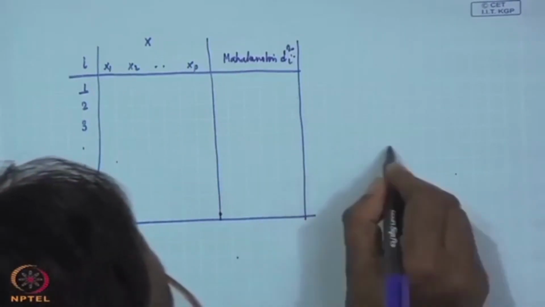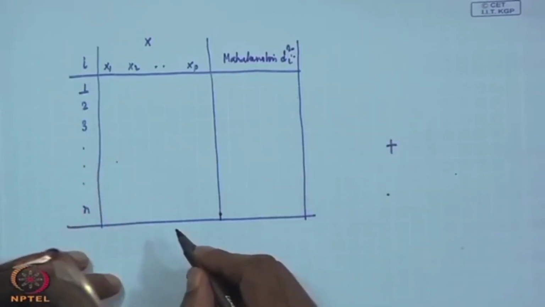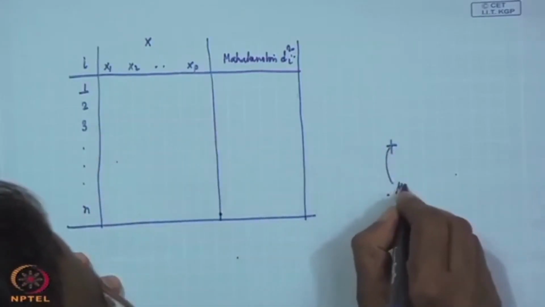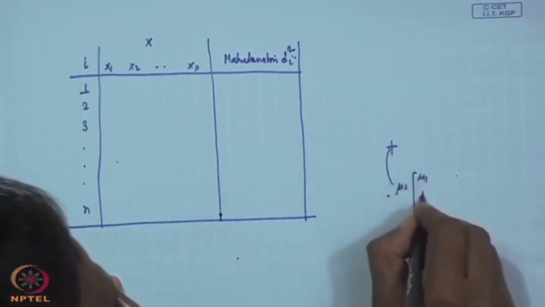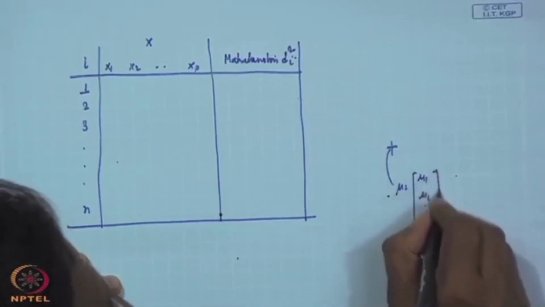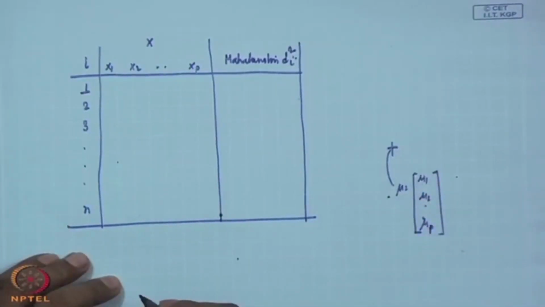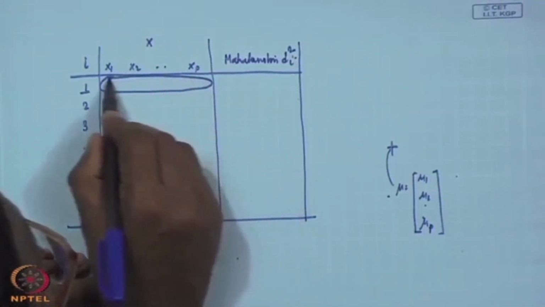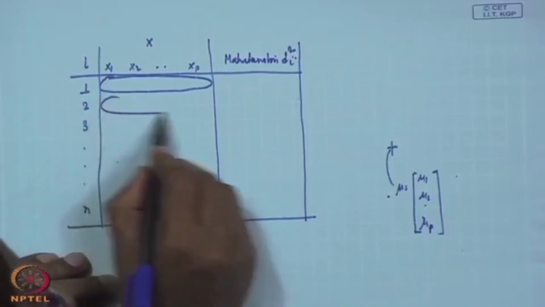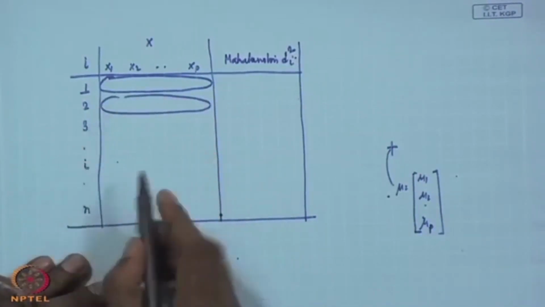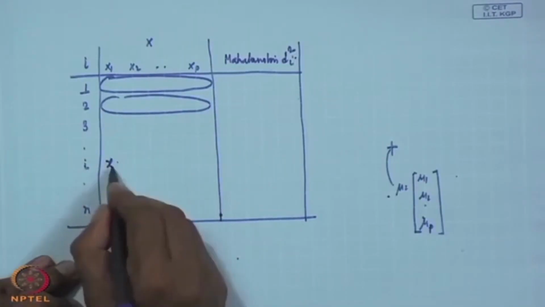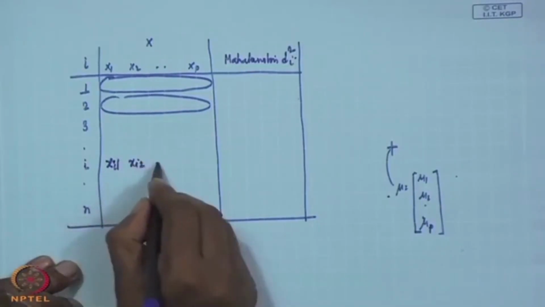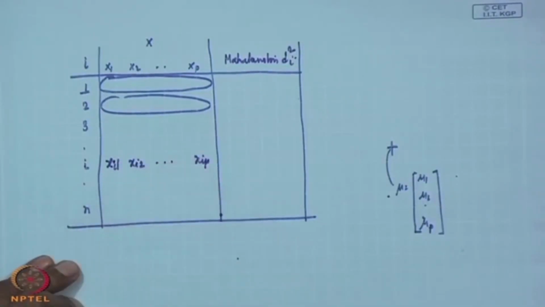So, you have some reference point somewhere. That reference point, if it is a p variable case, is the mu vector, mu 1, mu 2, up to mu p. You are getting p variables; this is your first observation, this is your second observation. Like this, for the ith point, you will be getting x i1, x i2, up to x ip.